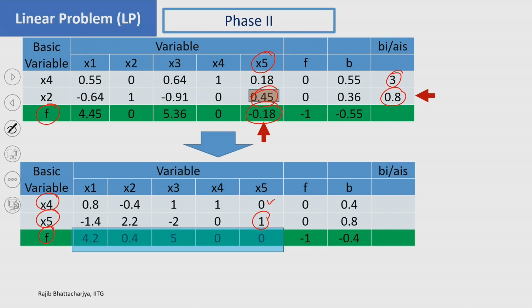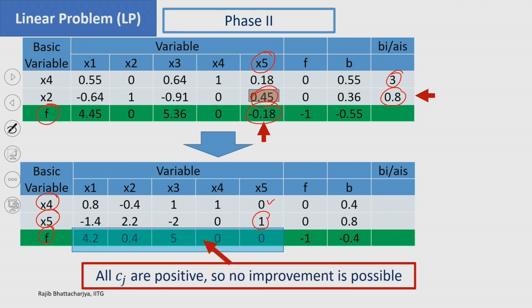Okay. So, if we look at all C j, they are positive, and so no improvement is possible, that means you got the optimal solution. Okay. So, this is the optimal solution we got.